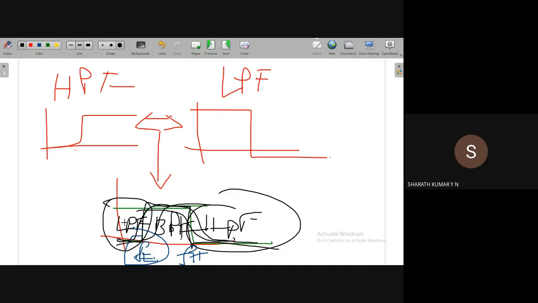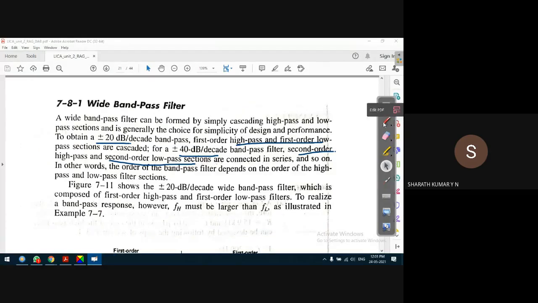So the order of the band pass filter depends on the order of the low pass and high pass filters, because it is constructed from them.